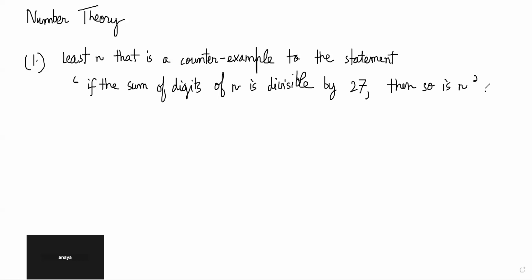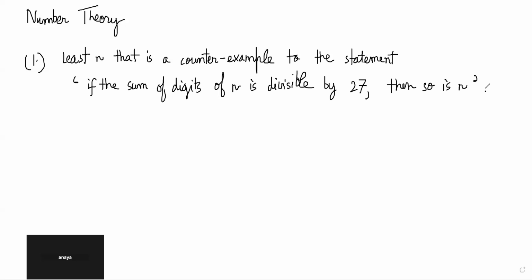Okay, so what have you tried here? So I just started with the smallest number that adds up to 27. So 999. That's the smallest number that's going to add up to 27 when you add the digits.